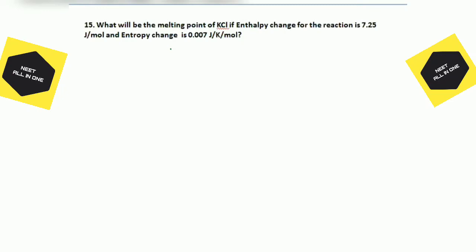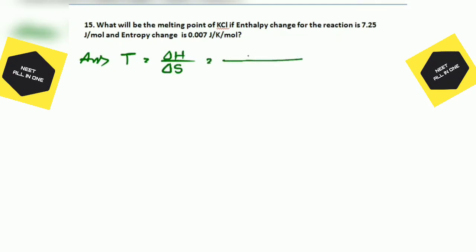What will be the melting point of KCl if the enthalpy change for the reaction is 7.25 and the entropy change is this? Okay, so let's see it. We know a formula that temperature will be enthalpy divided by entropy.